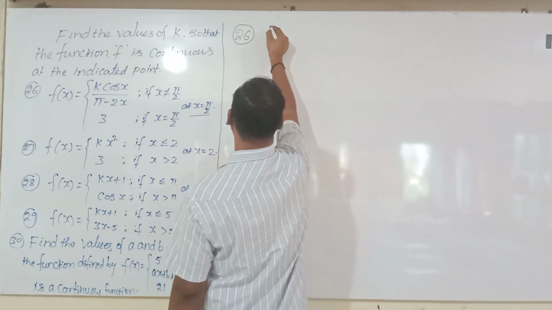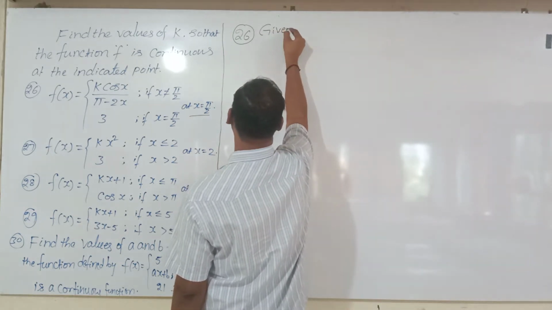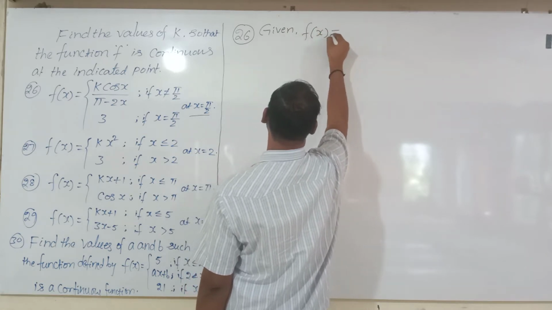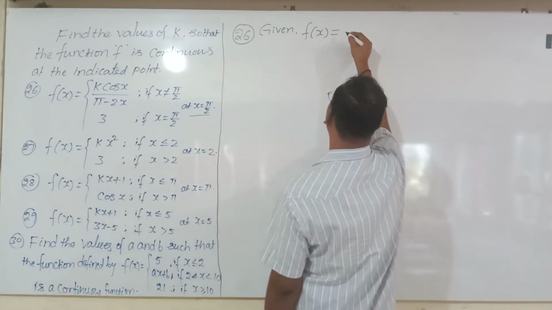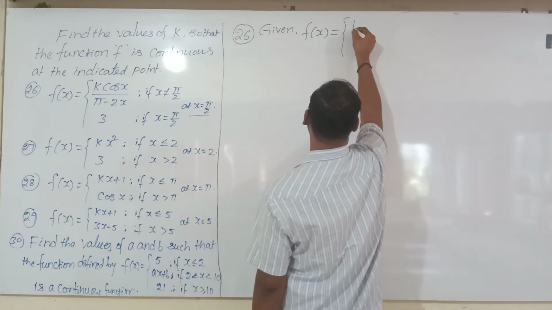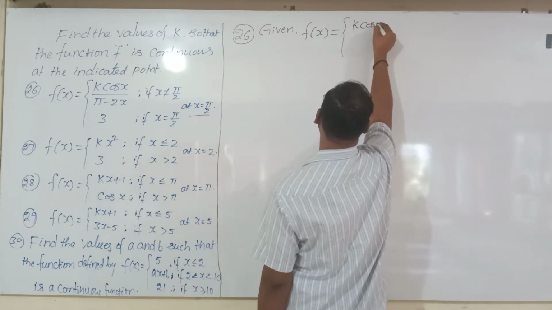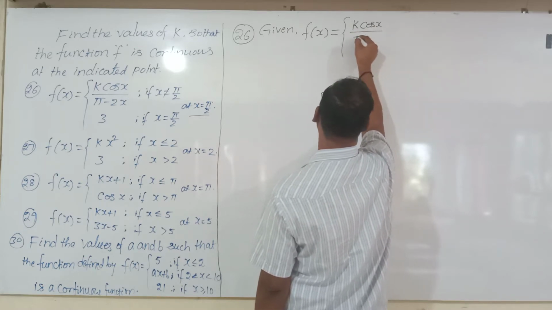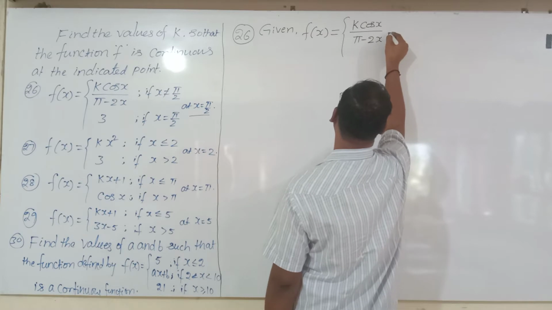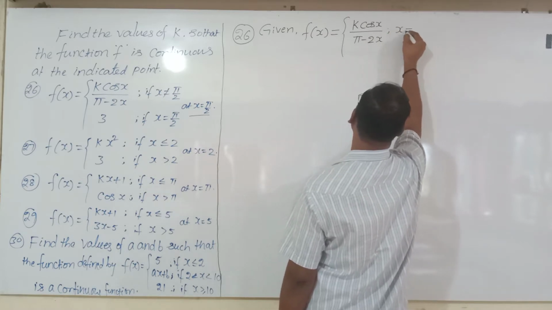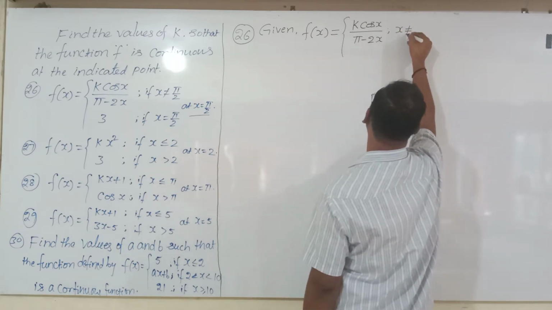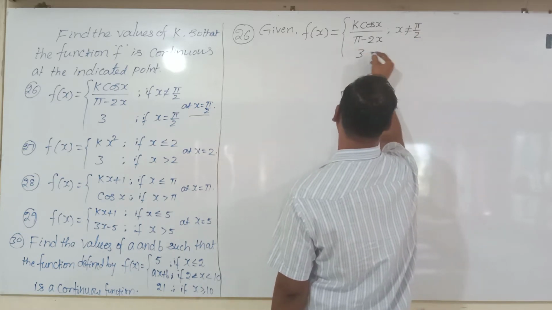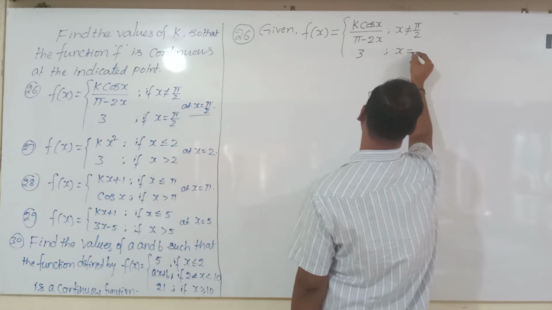So I have to take the given function, f of x equals k cos x divided by pi minus 2x when x is not equal to pi by 2, and 3 when x is equal to pi by 2.